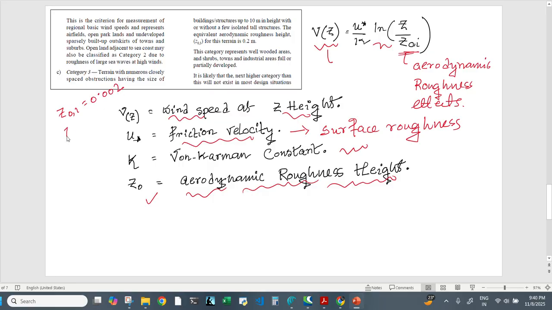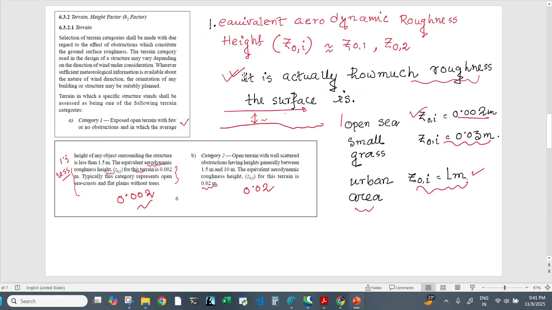We will take for category 1 z01 as 0.002, and for category 2, 0.02. Category 1 is for obstacle height less than 1.5 meter, and this is sea coasts and flat plains without trees.